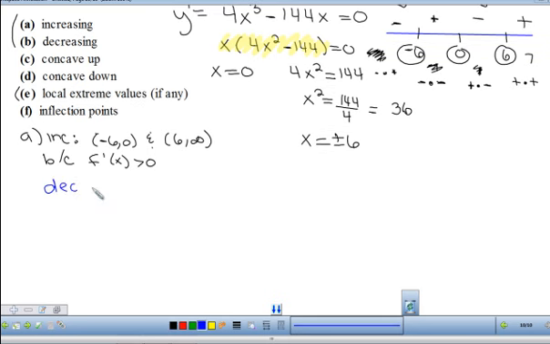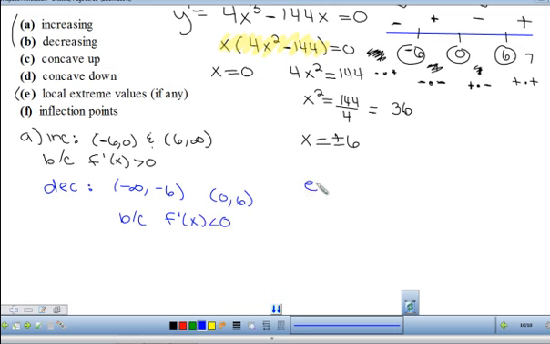I'm decreasing from negative infinity to negative 6 and from 0 to 6 because the first derivative is less than 0.